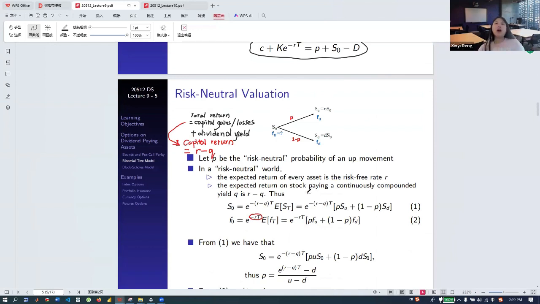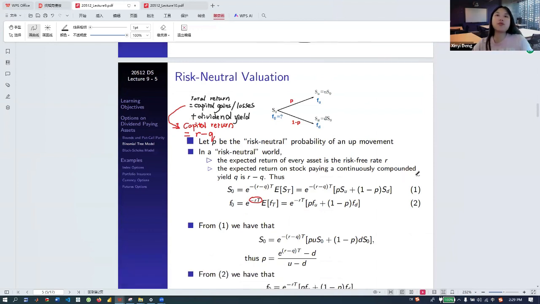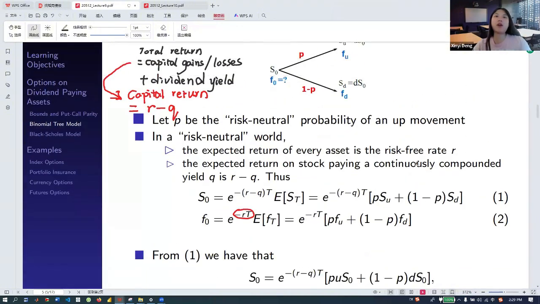So hopefully you still remember those two pricing relationships for the binomial tree. For the binomial tree, S0 would be the discounted value of the expected value of ST, right? The spot price today is a discounted version of the expected value of the spot price at maturity date. That's the meaning of this equation.